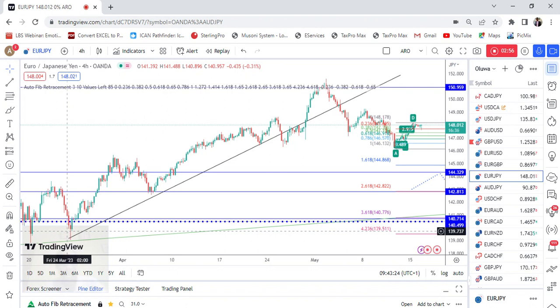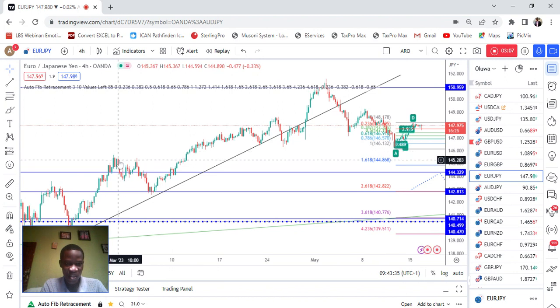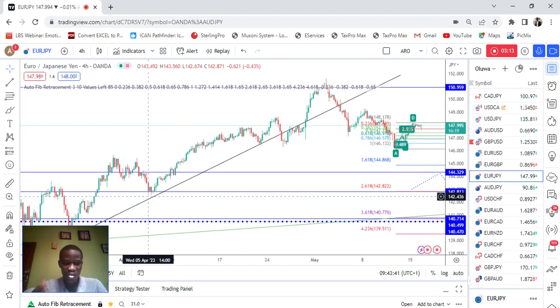You can see from here there are plenty of higher highs and higher lows. This is the low, this is the higher high, and this is the higher low. There will be multiple higher highs and higher lows in an uptrend market.